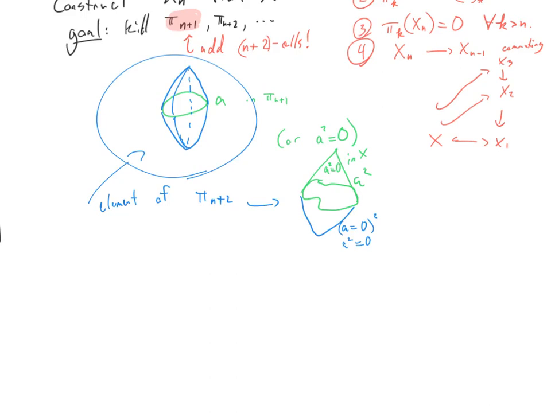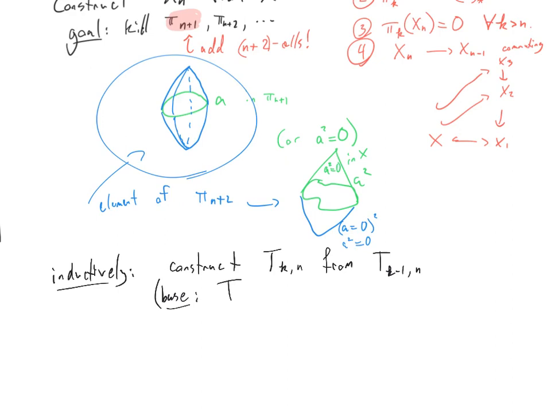So that means we're going to inductively construct what you might call, let's give it a name, we're trying to truncate, so let's just call it T, K, comma, N, from T, K minus 1, comma, N. And our base case is going to be T, N, comma, N is equal to X, right?